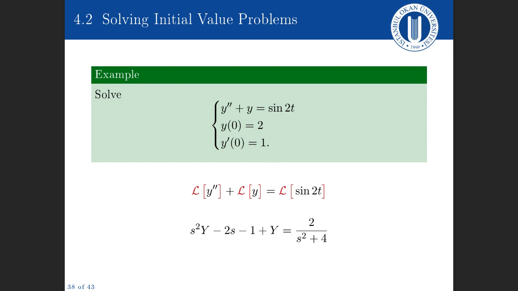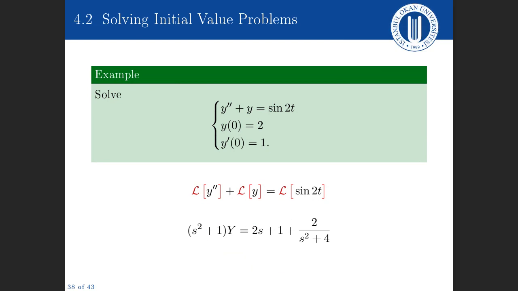We need to rearrange this so that we get capital Y is equal to something. What I'm going to do is I'm going to take the minus 2s minus 1 over to the right side of the equal sign. We will get s squared plus 1 left, and then I'll divide both sides by s squared plus 1.